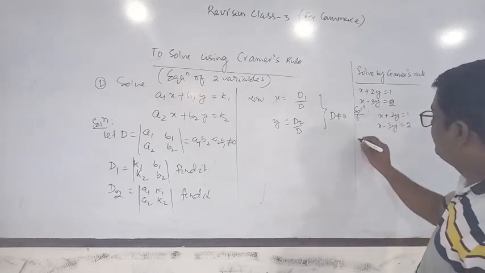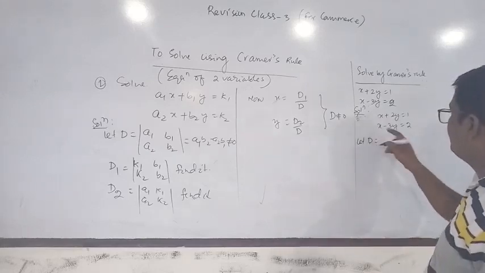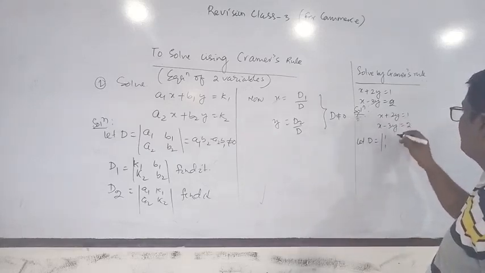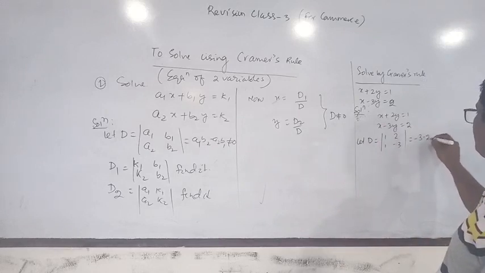Let D be the determinant with x coefficients 1, 1 and y coefficients 2, minus 3. Find this: minus 3 minus 2, which is minus 5.